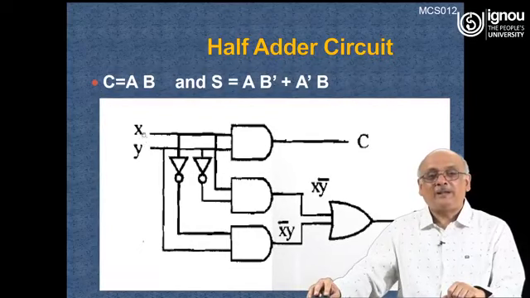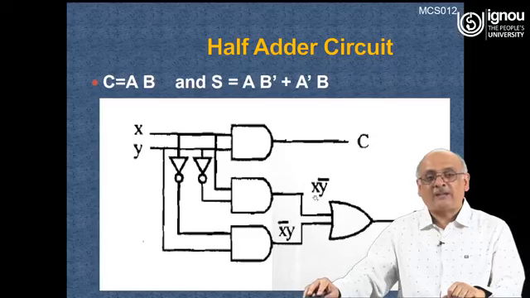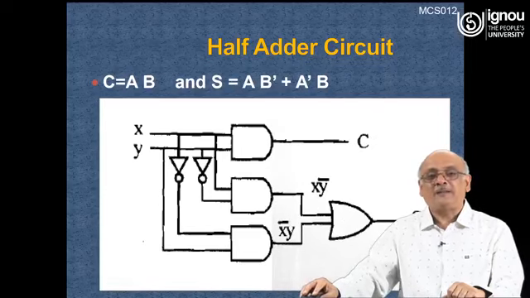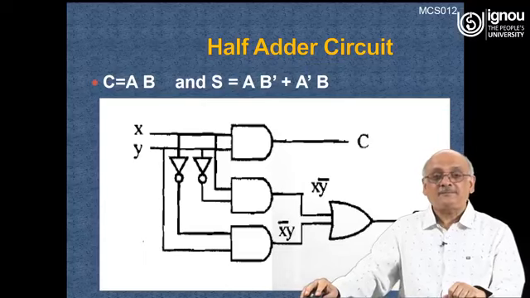If I'm adding bits X and Y, the AND gives me the carry, and 2 AND gates for X bar Y and X Y bar passed through an OR gate give me the sum bit. You know what you have done? You have designed a circuit which can perform addition of 2 bits.